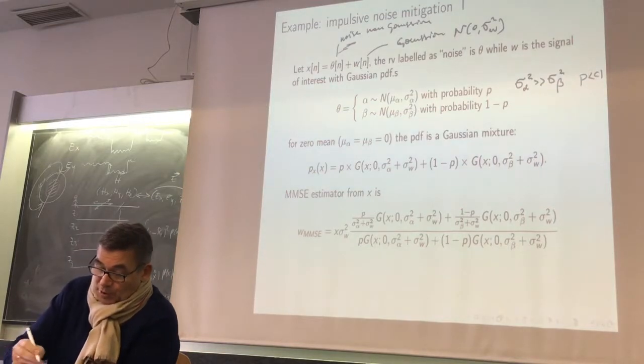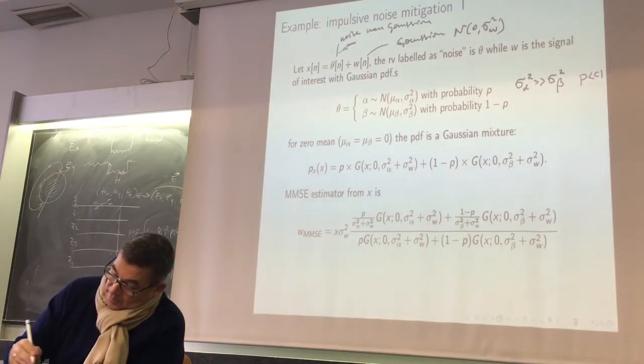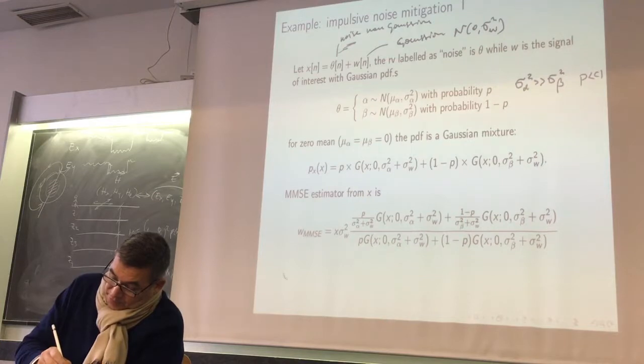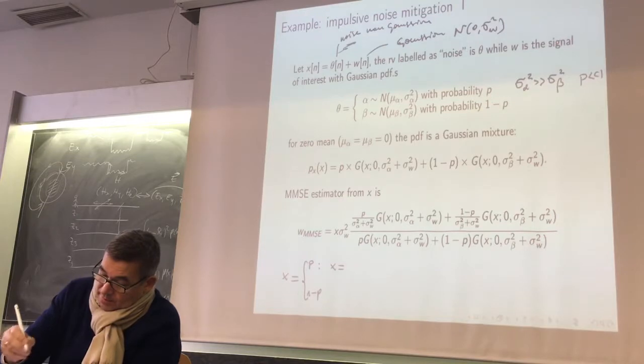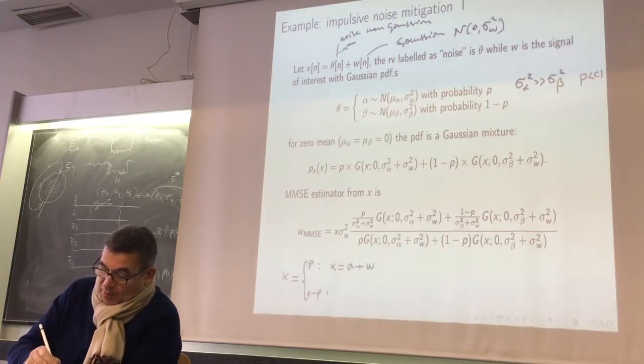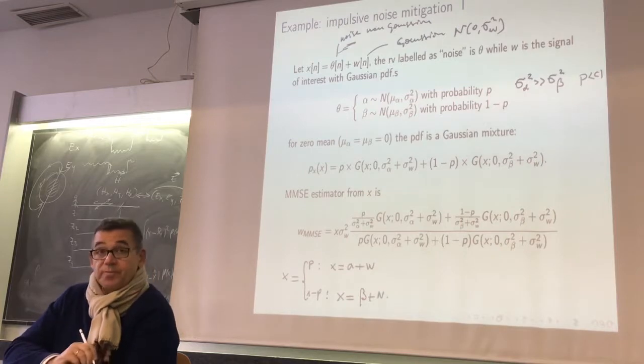So the two phenomena are with the probability p and 1 minus p. With the probability p, I have x equal to theta alpha plus w. But with the probability 1 minus p, I have x equal to beta plus w.